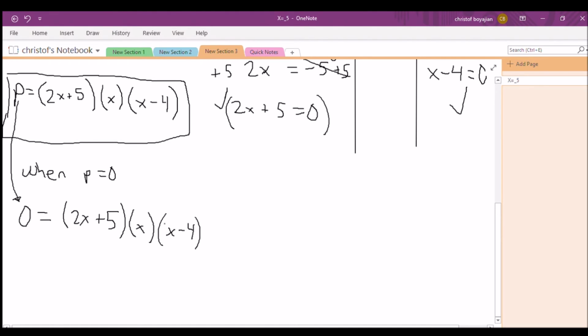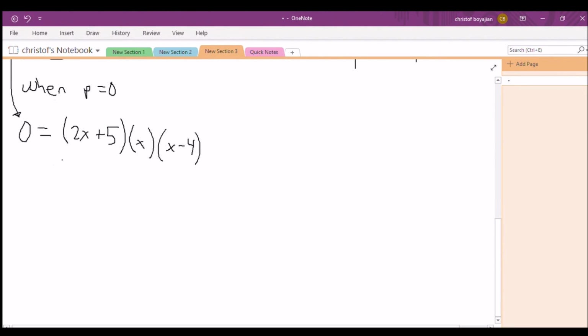To tell where our x-intercepts are, since we have all of these multiplying with each other, we can separate each factor and say when they're equal to 0. This is like doing the opposite of what we've been doing. So 2x plus 5 equals 0, x equals 0, and x minus 4 equals 0.